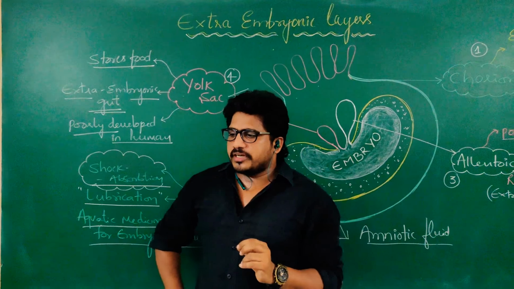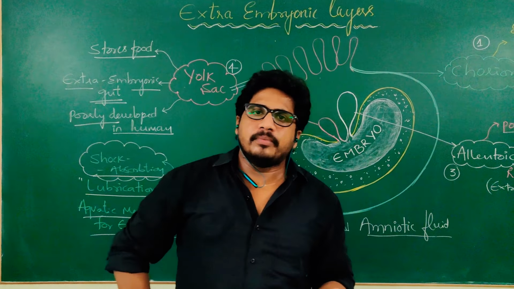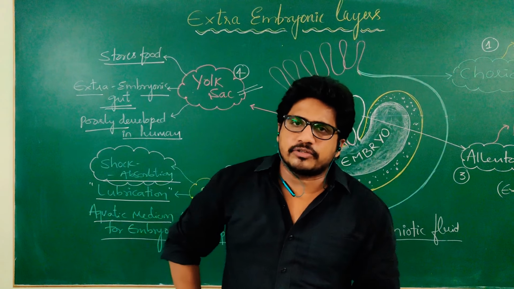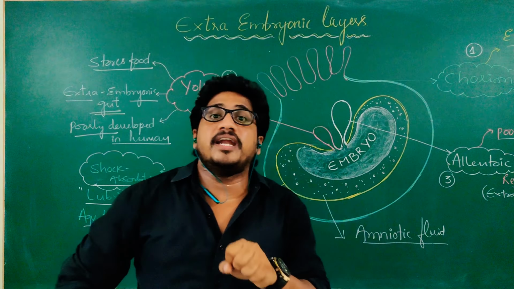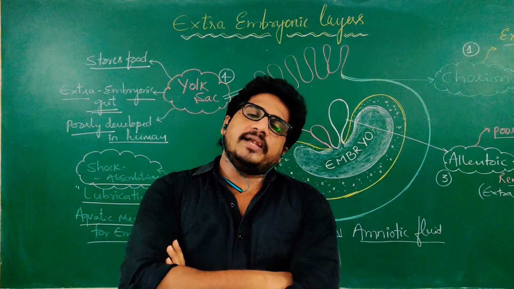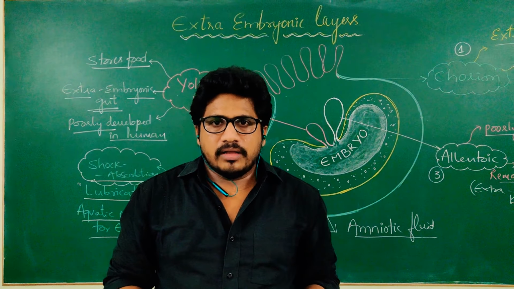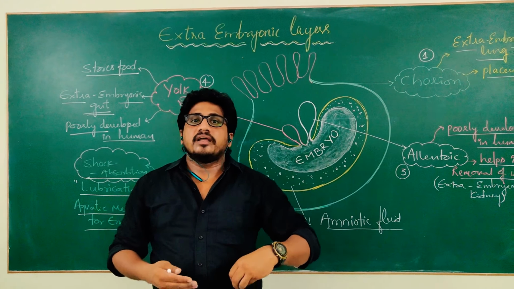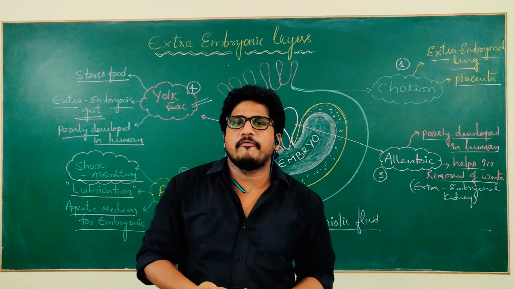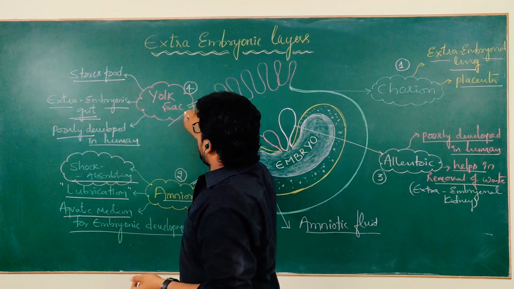But one important point is that during the very primitive time of human embryogenesis, the yolk sac helps in blood synthesis. In the adult, blood is synthesized in bone marrow, spleen and liver. But at the very first in embryogenesis, hemopoiesis, nothing but production of blood, takes place in the yolk sac.